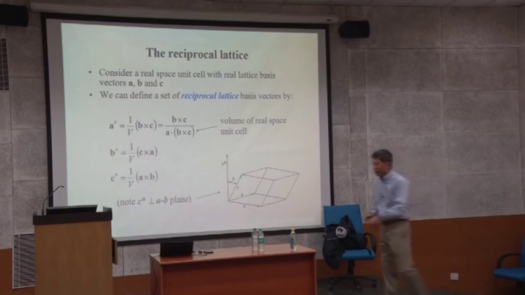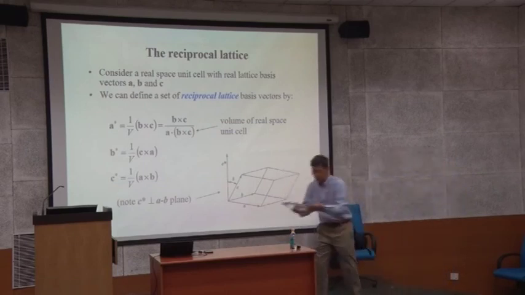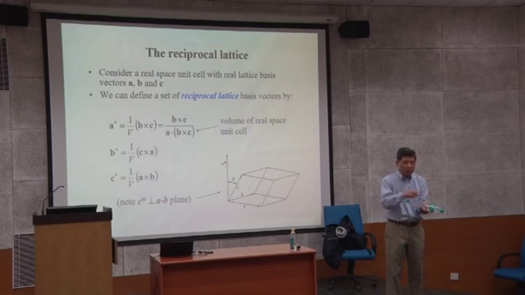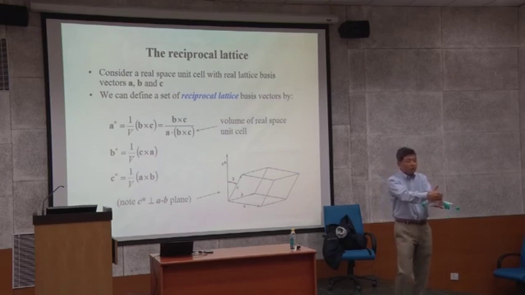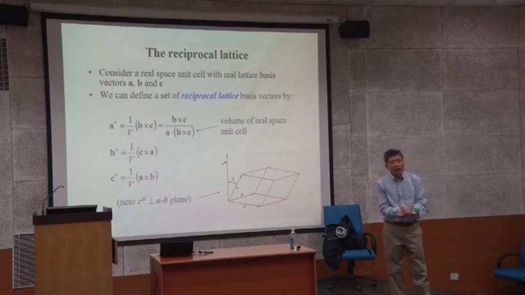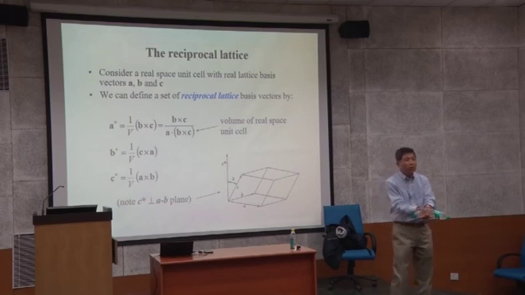You have two vectors like this, and B cross C follows the right-hand rule, and that is the direction of B cross C. So you make a plane formed by these two vectors, and the perpendicular direction is the directional vector. Which means I can describe the plane formed by these two vectors.